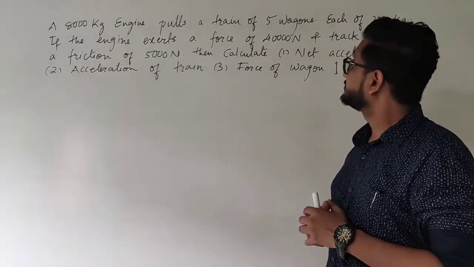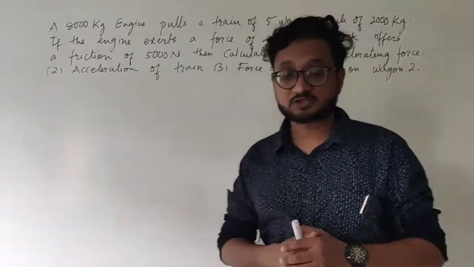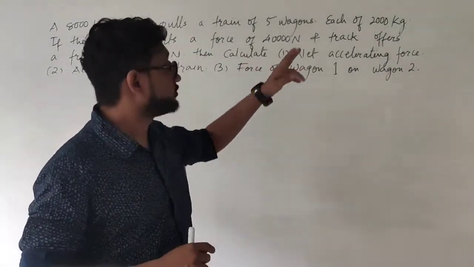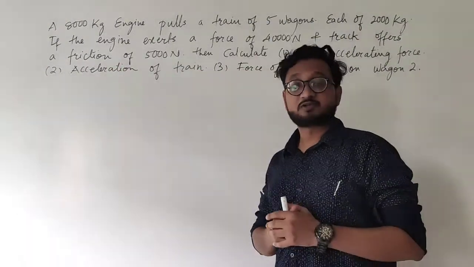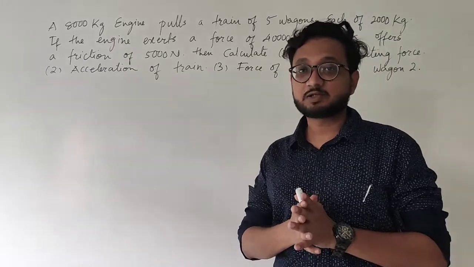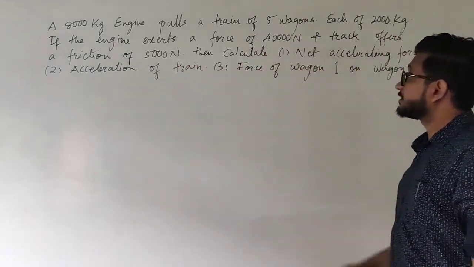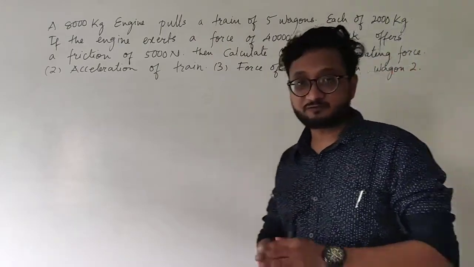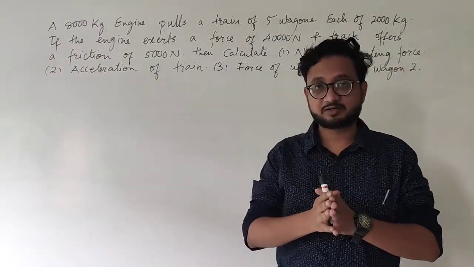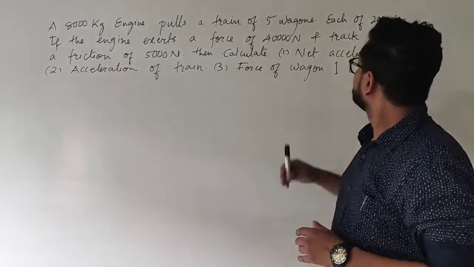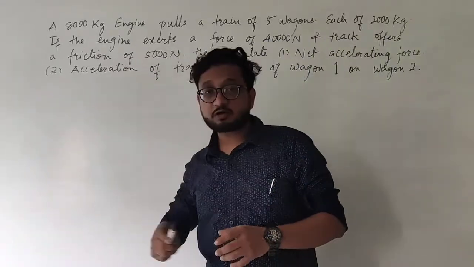An 8,000 kilogram engine pulls a train of 5 wagons. So there is an engine and 5 wagons, each of 2,000 kg. So each wagon is 2,000 kilograms. If the engine exerts a force of 40,000 newtons, so the force generated by the engine is 40,000 newtons, and the track offers a friction of 5,000.